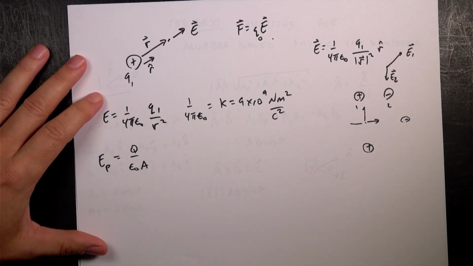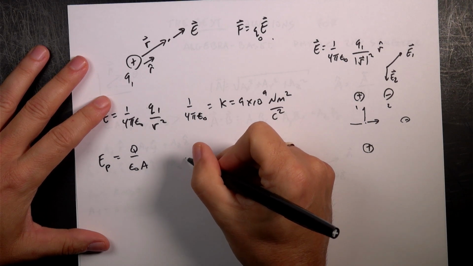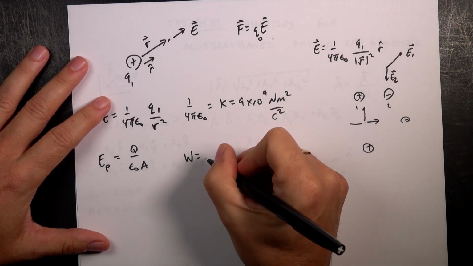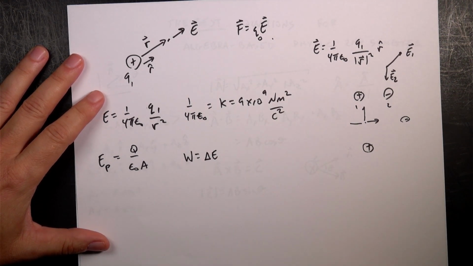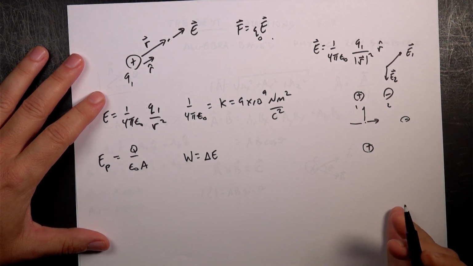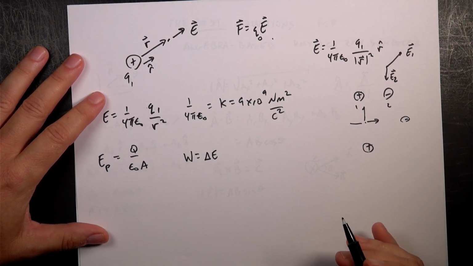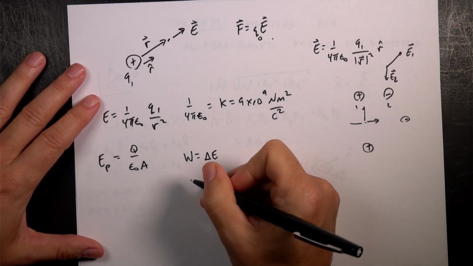Okay, moving on to electric potential. We have this from your previous semester: work is the change in energy. That's the work-energy principle, where energy could be kinetic energy or potential energy or whatever. With that, we get the change in potential energy.